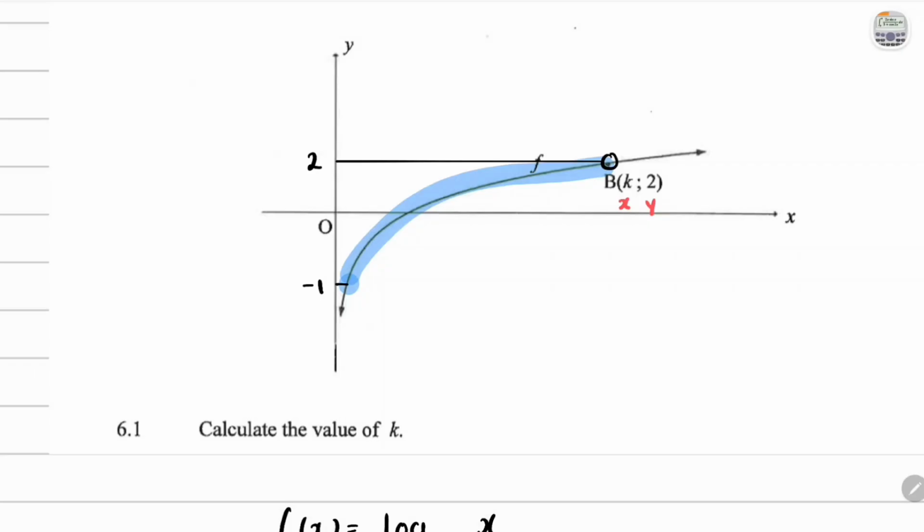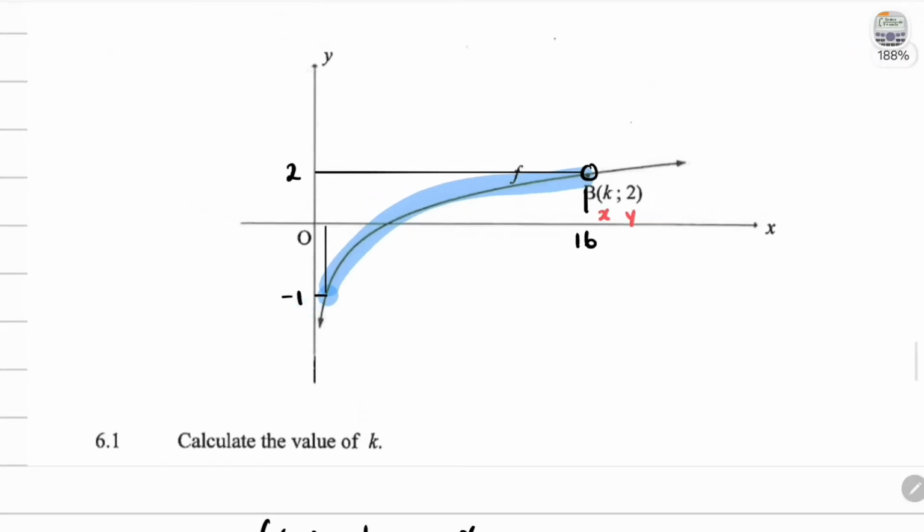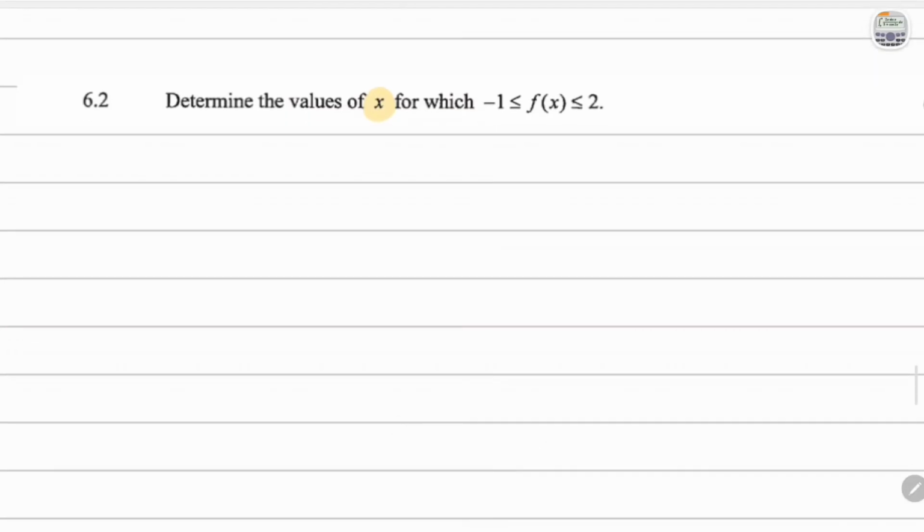For us to do that, we already know that when y is equal to 2, the x value k is equal to 16. Now we just need to find out when y is equal to -1, what is that x value? Then we'll be able to tell them for which values of x this section of this graph exists. It will just be between whatever number this is and 16. So we're still using this log function, but in place of y, we're going to substitute -1.